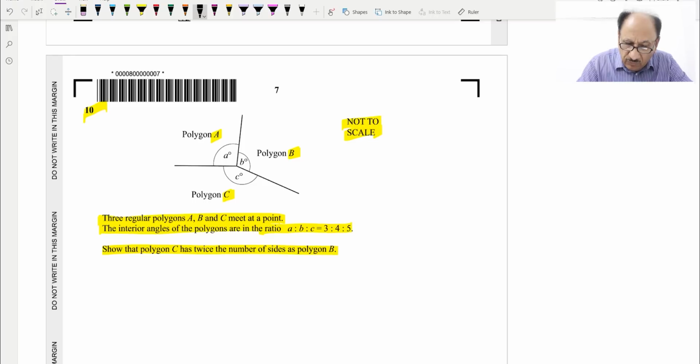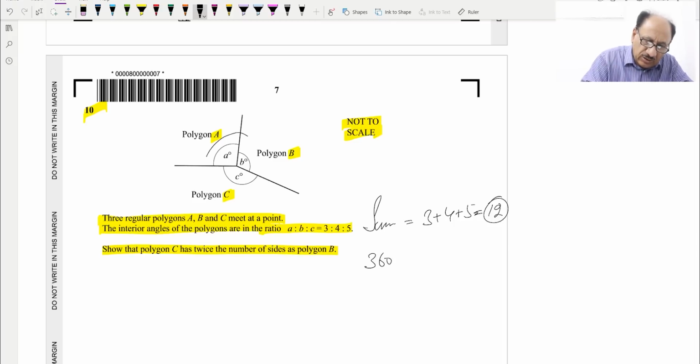So what we'll be doing, first of all we'll check the sum of ratios, which is 3 plus 4 plus 5, which adds up to 12. Now the angle at a circle at this position is 360, so we can divide by 12 because we want to divide it into 12 portions. So this will be equal to 30 degrees. So each portion is basically 30 degrees.